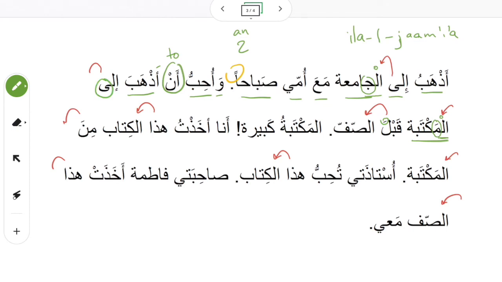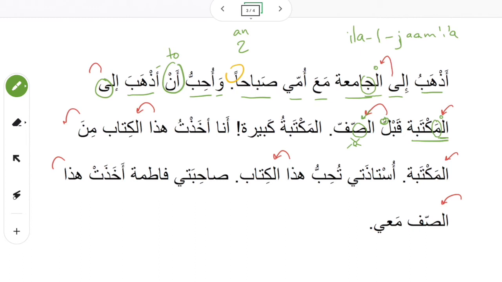قبل. So here you have an example where you have the fatha here, right? In this case, you had the alif sound is connecting. So the lam with the alif, ila, that part is connecting to this lam, ilal. Right? In this one, you have a lam with a fatha. And then you have sad. Sad is a sun letter. Therefore, there's a shadda on it. So we're going to connect it to that shadda.